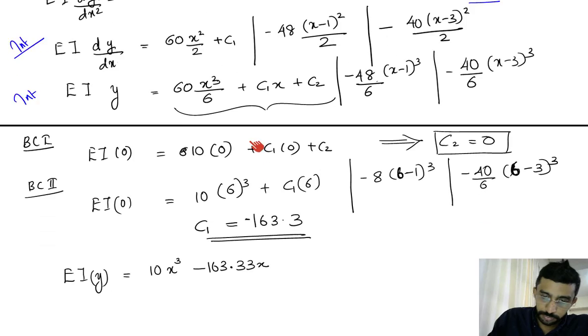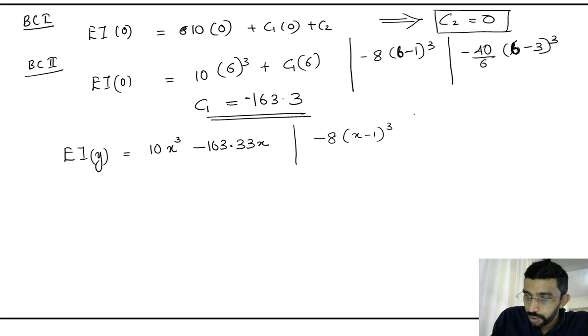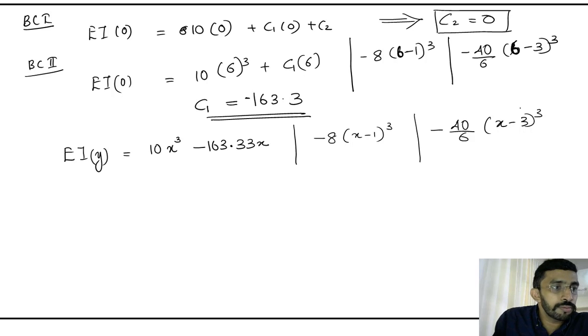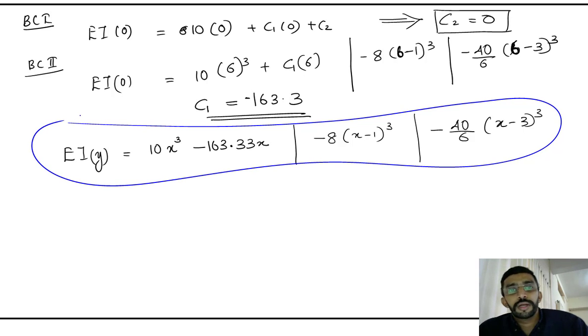The block is going to come, minus 8 into (x minus 1) the whole cube. The block is going to come, 40 by 6 into (x minus 3) the whole cube. So this is how the equation will look like, right? So let us put this in brackets. Now what is the advantage of this equation?